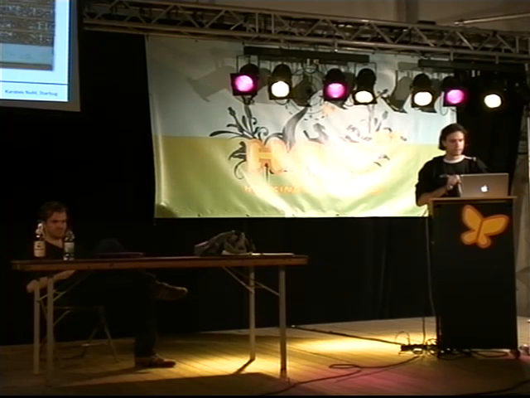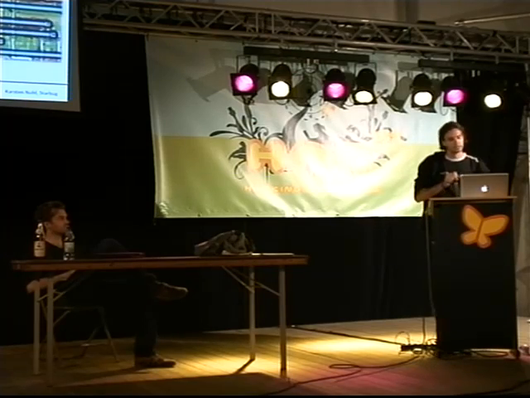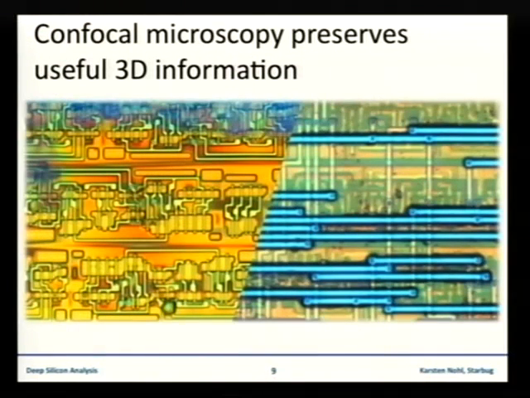it's nearly impossible to look at with the optical microscope. There are some special kinds of optical microscope called confocal microscopes. The advantage of these confocal microscopes is that they can make sharp pictures of each individual layer. As you can see on the right side, the blue one is the top metal layer, the yellow stripes down there are the second metal layer, and down there is the third metal layer.